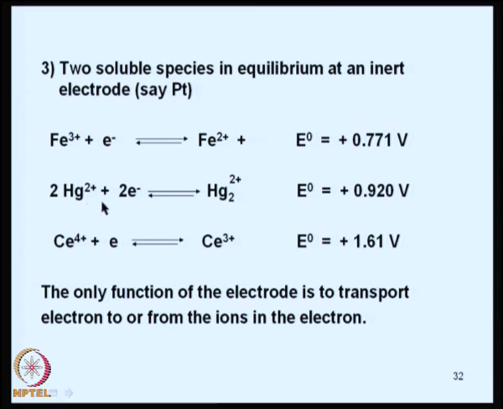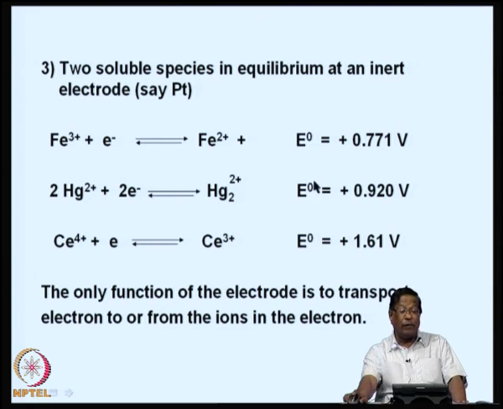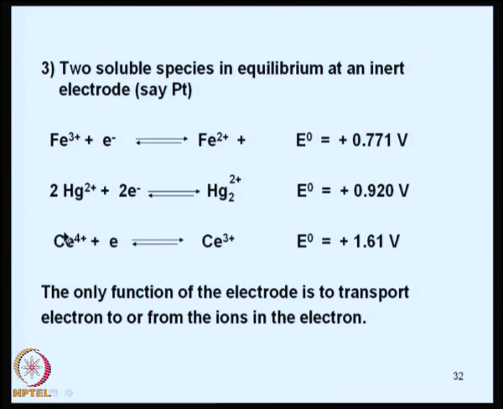Similarly, I can have mercurous ions and 2 electrons going to mercuric ion Hg2+, and this reaction is briefly referred to as mercurous to mercuric. This is ferric to ferrous. Then I can have ceric to cerous, mercuric to mercurous, ferric to ferrous, ceric to cerous.